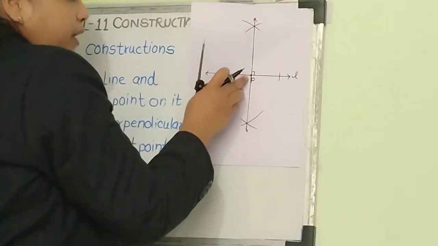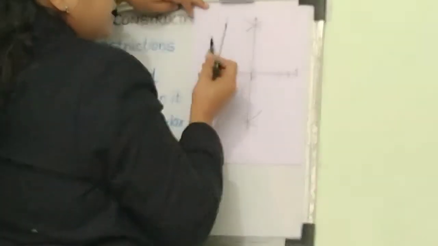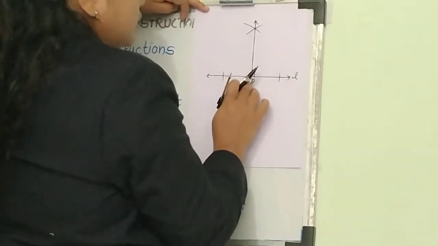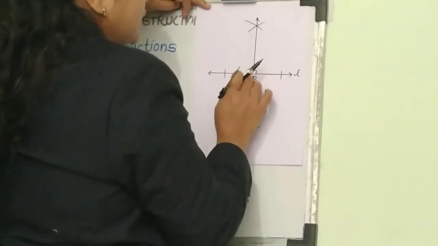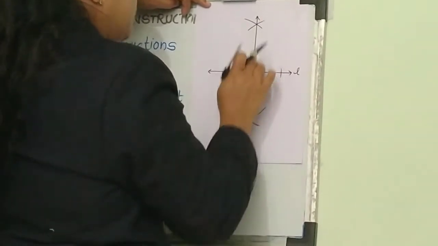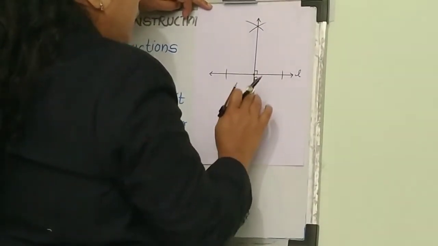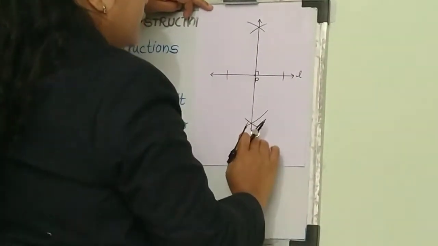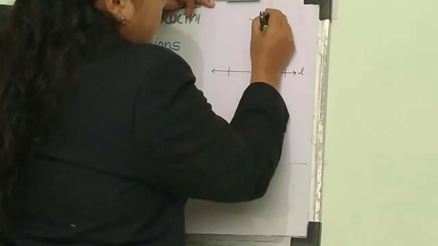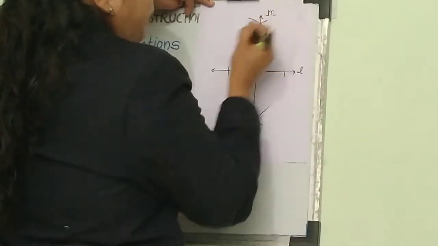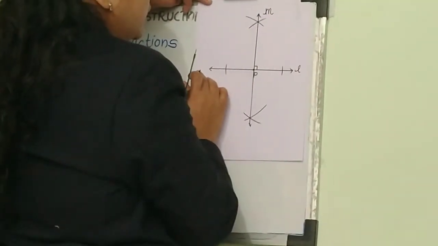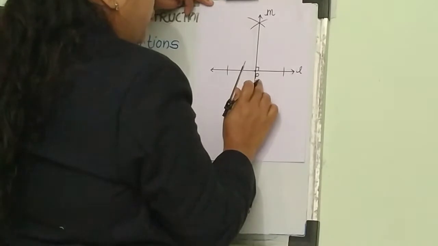Then from point P, we take some distance in our compass and mark an arc on both sides of P, and from these marked arcs we draw the up and down arcs, and finally we draw the line passing through the intersection of the arcs. Suppose we call it line M. So we can say that line M is perpendicular to the line L through point P.